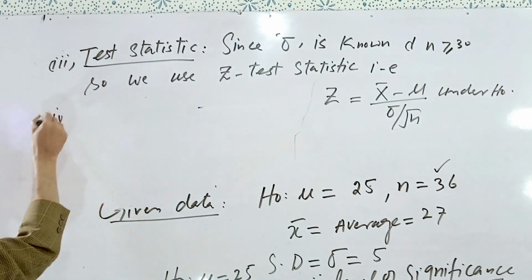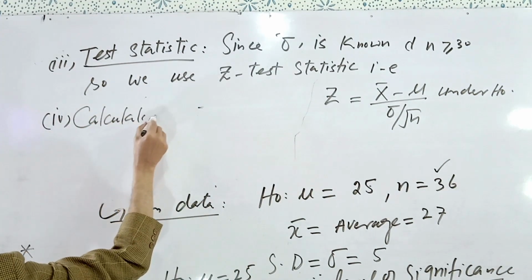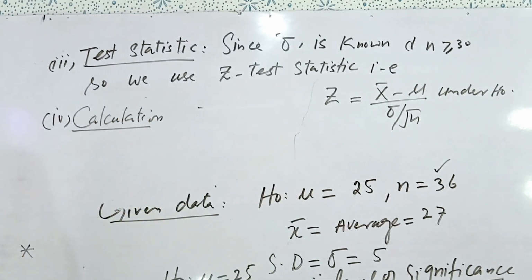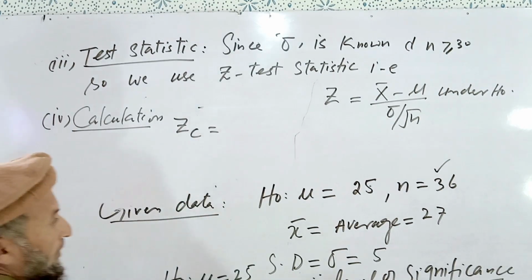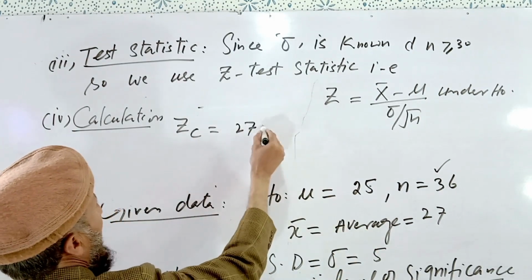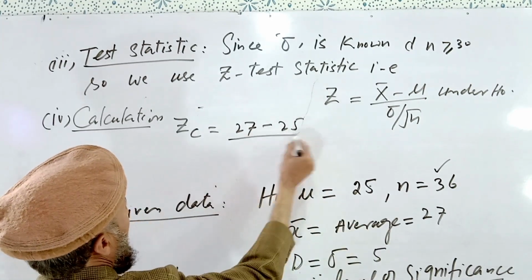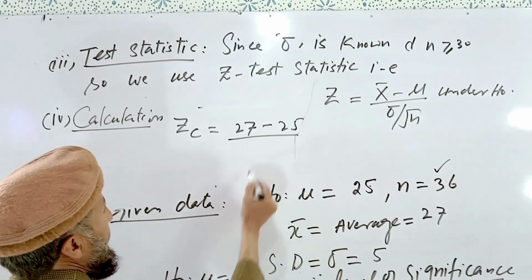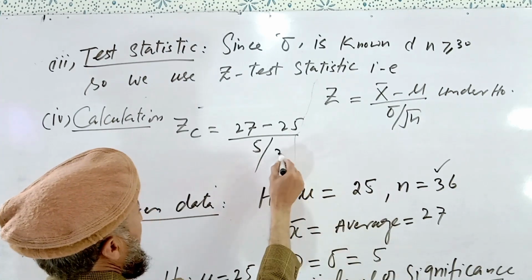Next, the calculation. Zc is equal to x bar, which is given as 27, minus mu, which we are testing as 25, divided by sigma, also known as 5, times root n, where n is 36.